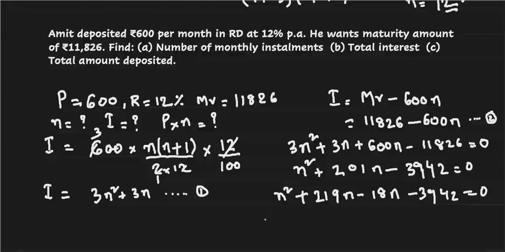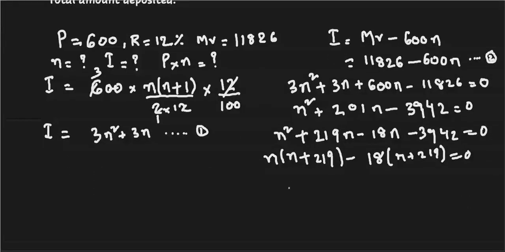Now you can take out n common. If you take out n common, what will remain? n plus 219 remains. And here 18 common, then n plus 219. So the values that you are getting are n plus 219, n minus 18, right?